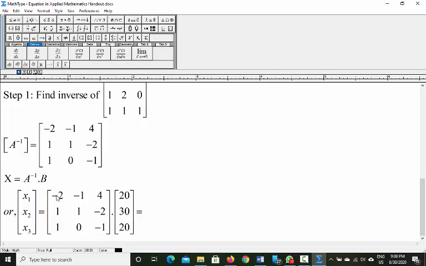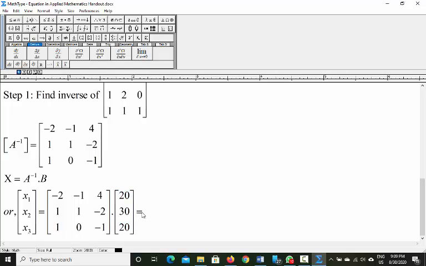So this is a 3 by 3 matrix. The dimension of this matrix is 3 by 3, and for this one we have 3 rows and only 1 column. So this is a column vector, but if we call it a matrix, its dimension is 3 by 1.